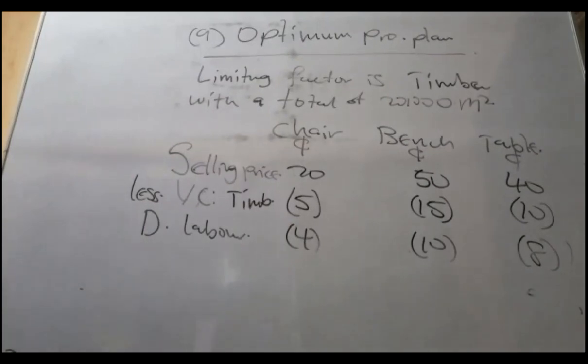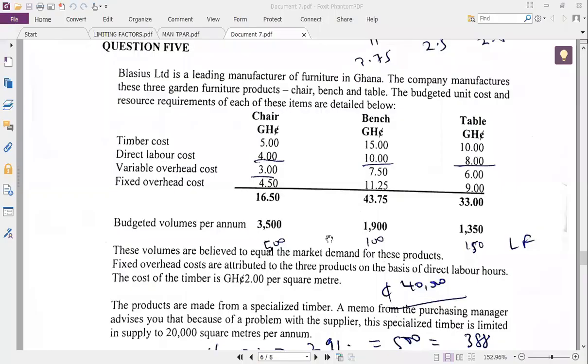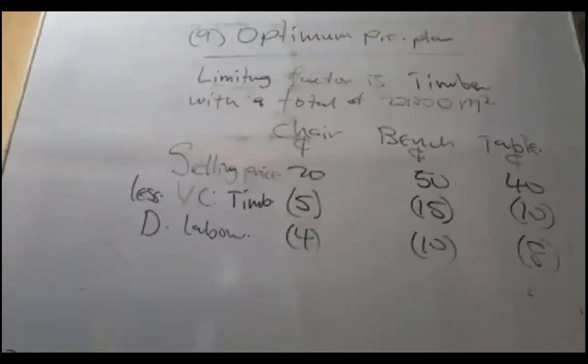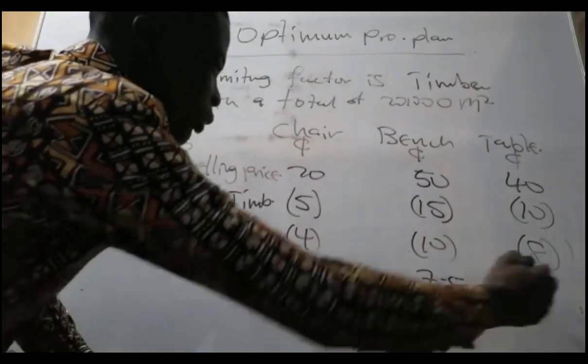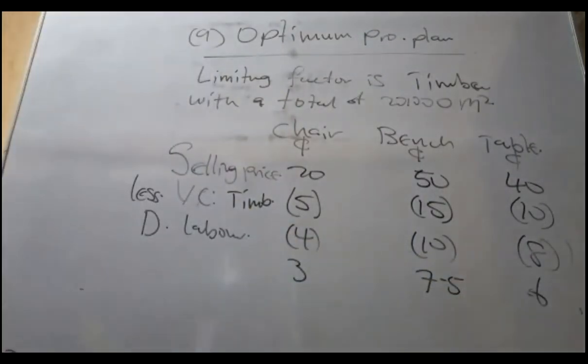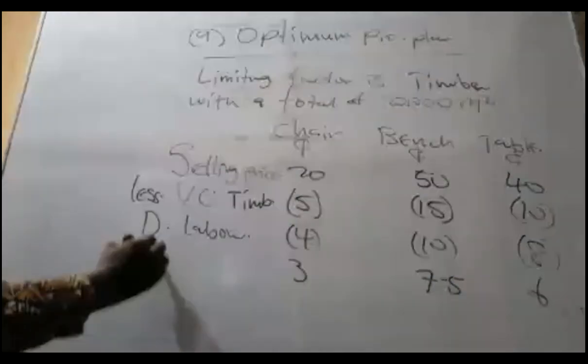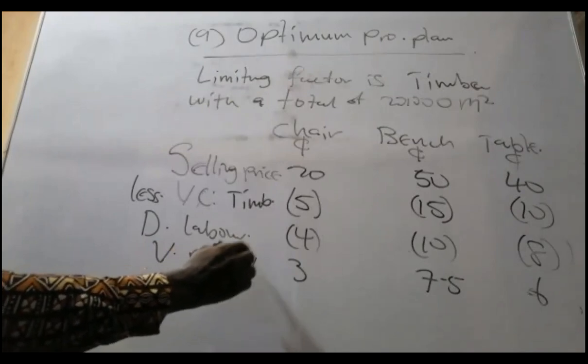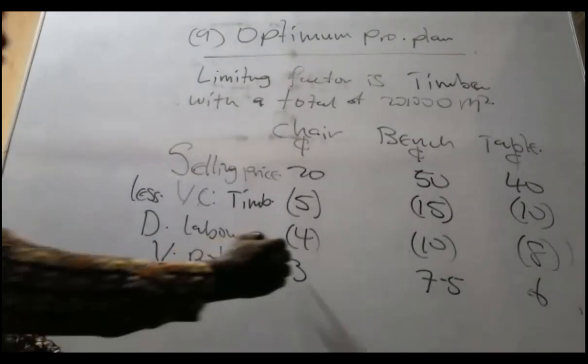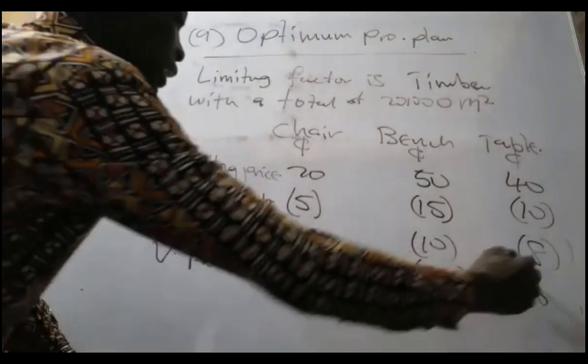The next one is variable production overheads, which is what? 3, 7.5, and 6. Good. So we call it variable production overheads. I'll put that one too in brackets.